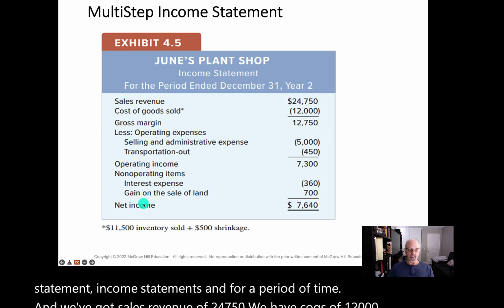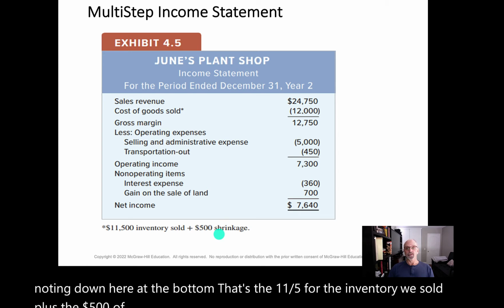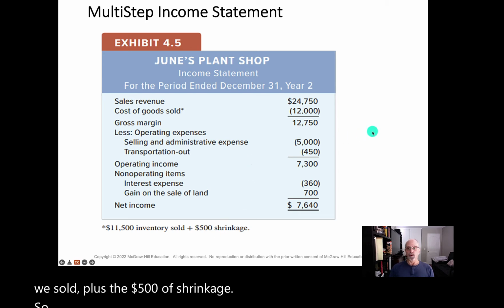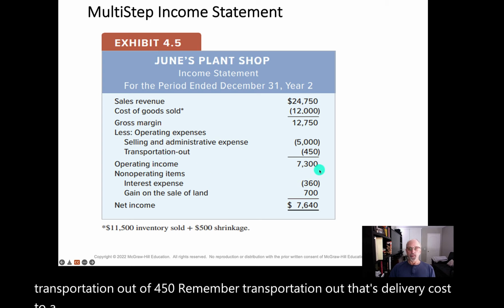And they're noting down here at the bottom, that's the $11,500 for the inventory we sold, plus the $500 of shrinkage. So our gross margin is $12,750. We had selling and admin of $5,000, transportation out of $450. Remember, transportation out, that's delivery cost to a customer. So our operating income is $7,300.